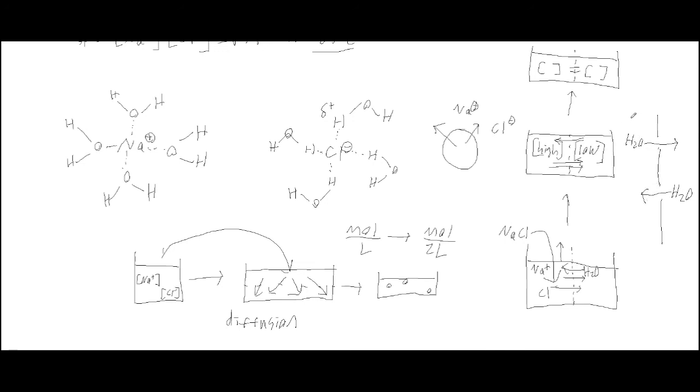However, if we now put sodium chloride on this side, sometimes there's going to be a sodium, or sometimes there will be a chloride in the way, preventing water from moving over here, while this water keeps moving over there. And so water is going to move towards the side that has the higher concentration of sodium and chloride.